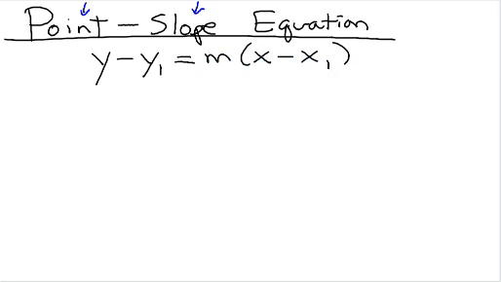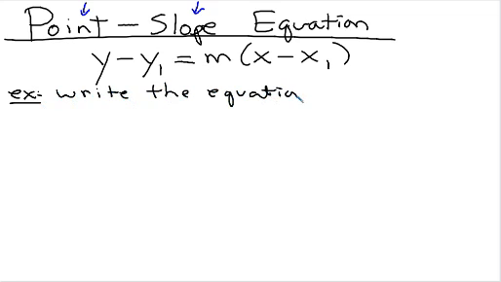I'm going to do a couple problems. Here's the first one. They're going to say something like, write the equation of the line, and they're going to give you different pieces of information.